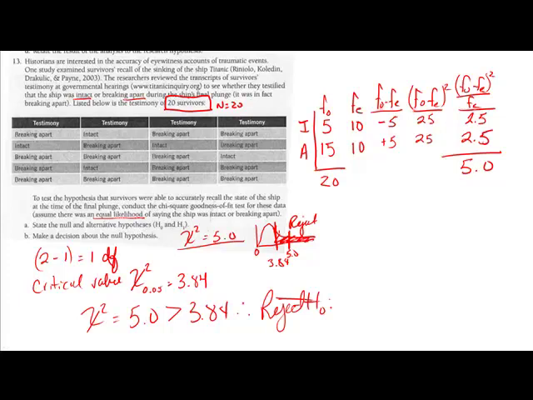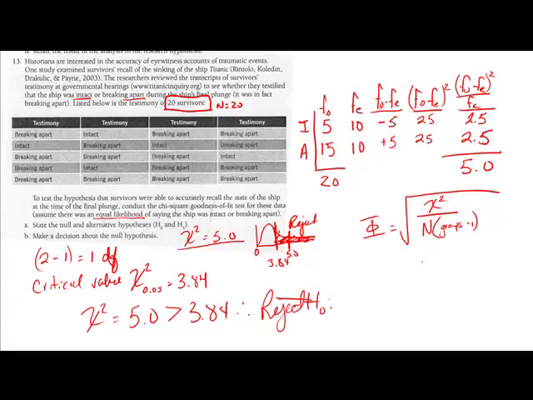The last step is to calculate how much of an effect there is. And so if we do Cramer's phi, that is equal to the square root of our chi-squared divided by n times groups minus 1.